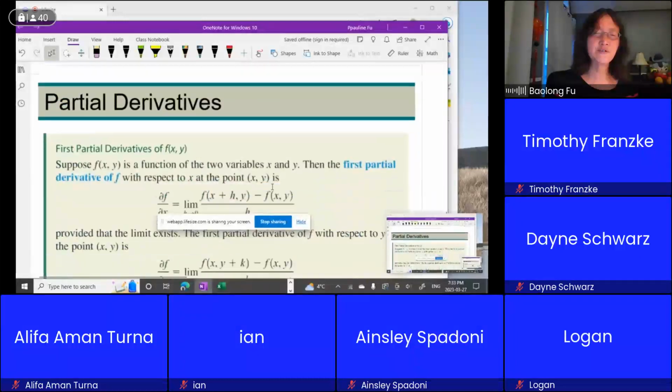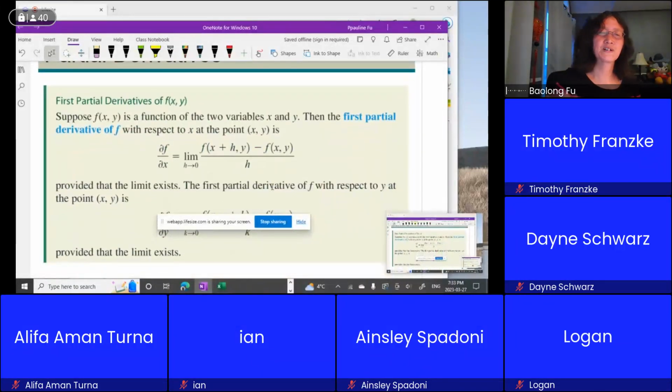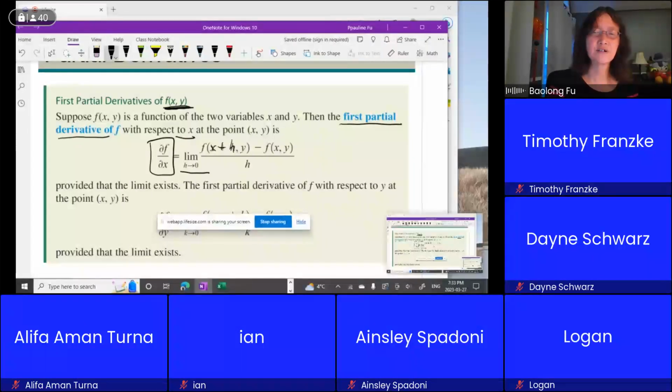The partial derivatives. Remember now we are dealing with two variables, x and y. For the first partial derivative with respect to x, we use this simple partial derivative. So df/dx is just the limit as h goes to 0 of f(x+h, y) minus f(x,y), over h.